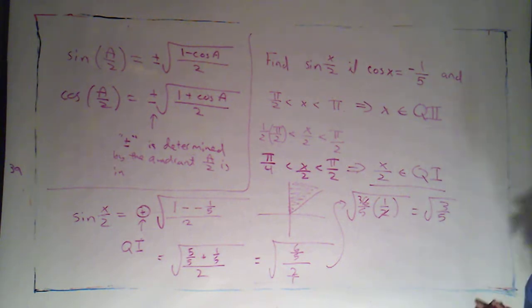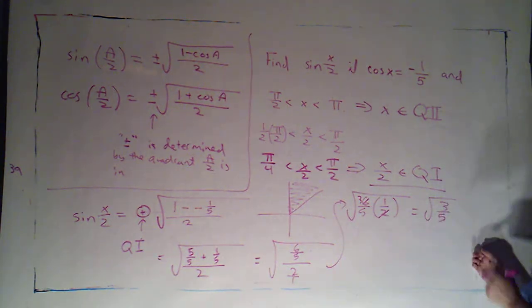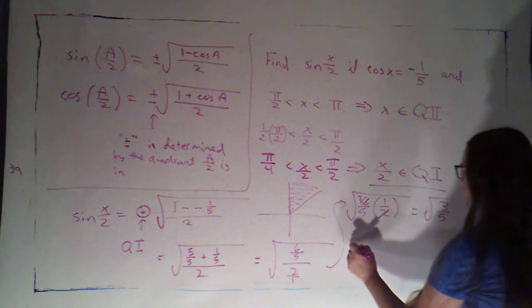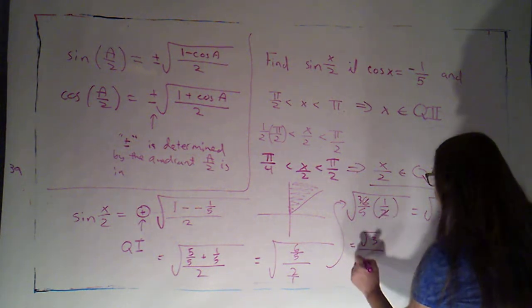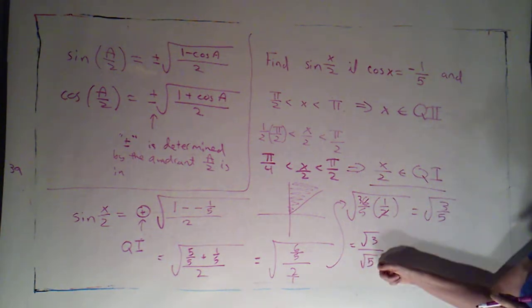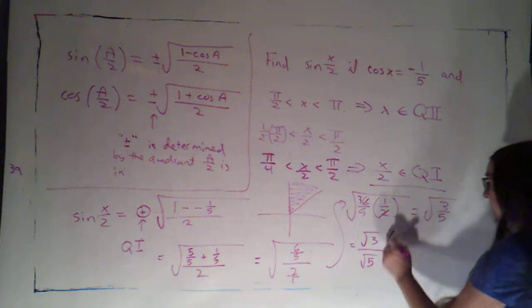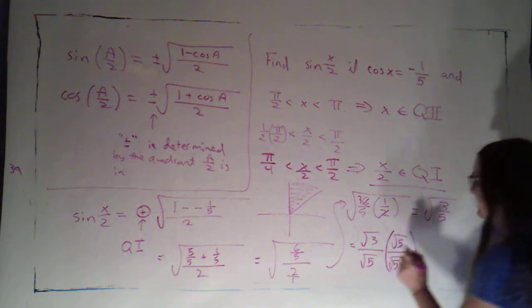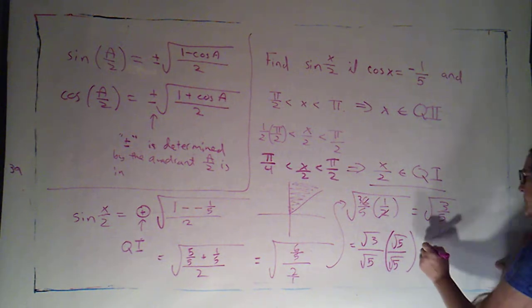Now, I've still got some simplifying to do, because we're not supposed to have fractions under radical signs if things are in simplest form. So this would become the square root of 3 over the square root of 5. And then I don't like having radicals in the denominator, but now I can deal with that, because I can multiply by 1 in the form of root 5 over root 5.